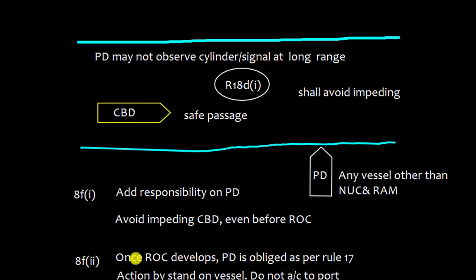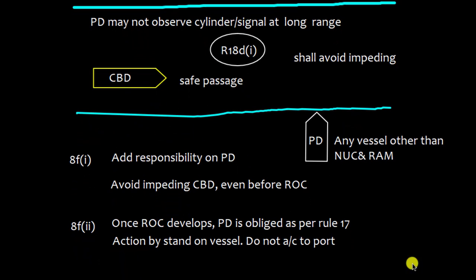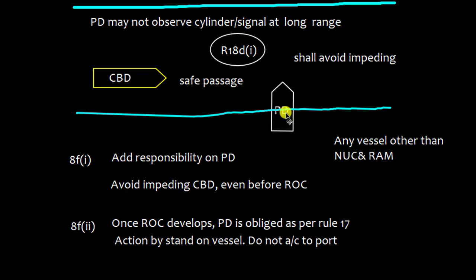Then there is Rule 8F2. Once the risk of collision develops, the power-driven vessel is obliged as per Rule 17. Rule 17 is action by stand-on vessel, and basically it says do not alter course to port. So the power-driven vessel shall not alter course to port for a vessel on the port side.